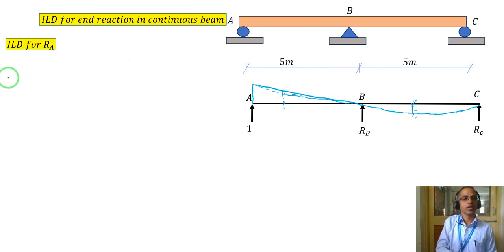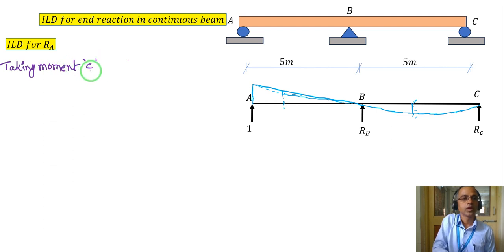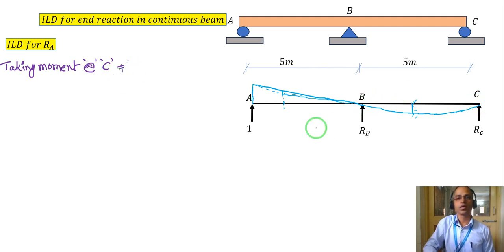For this beam, taking moment at, let us say, C, I have RA.